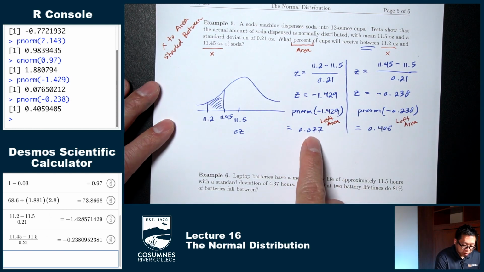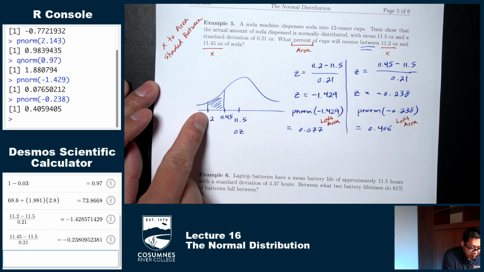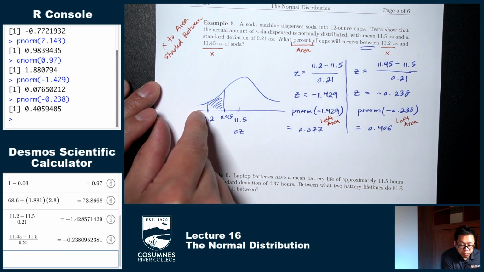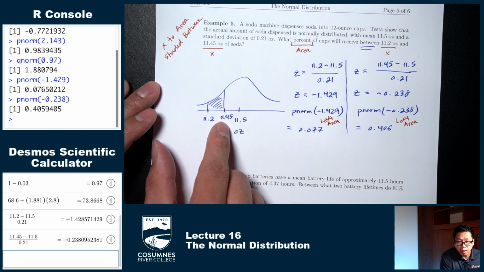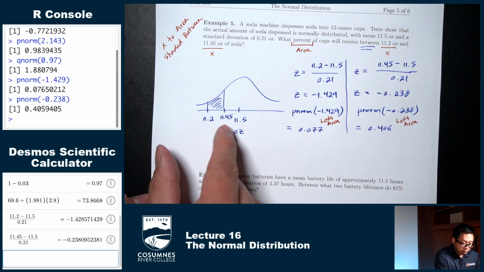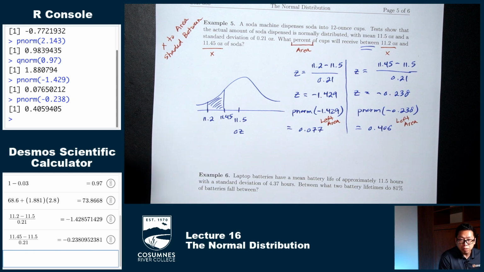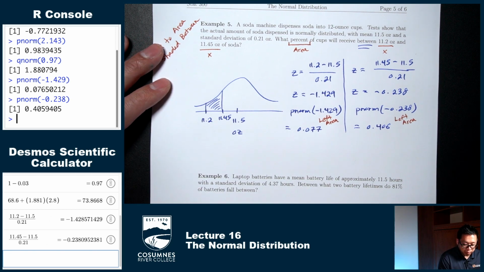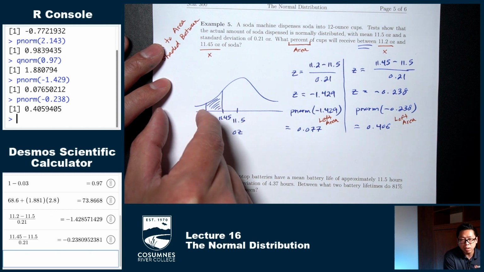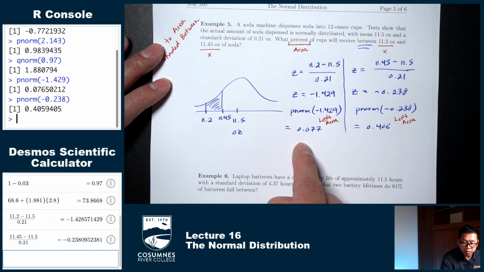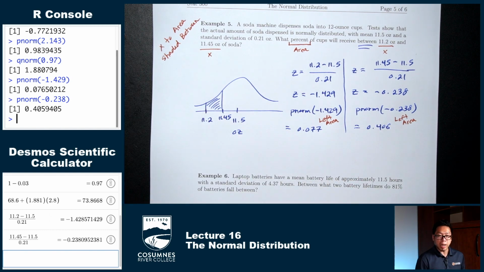Okay, so 0.077 is the area to the left of this 11.2. 0.406 is the area to the left of this 11.45. We want the area between. Okay, so how do we find the area between? Take the area to the left of this 11.45, subtract the area to the left of 11.2. So take the two left areas and subtract, and that will get you the area between.